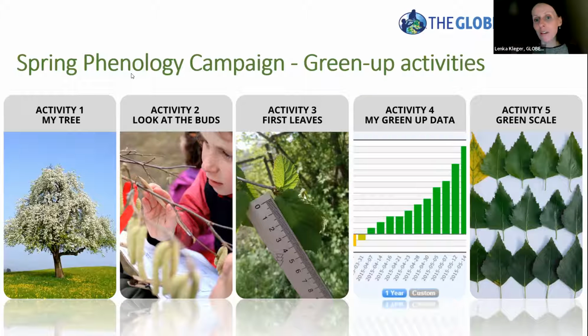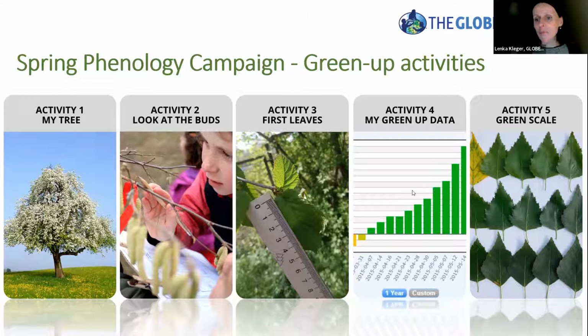And here you can see what you can expect in the phenology campaign. We have 5 short activities that actually help schools to go through the GreenUp observations. These start with choosing a tree, then go over choosing a bud and following the bud as it is opening and growing. Then comes the time of measuring the leaf length until it stops growing.